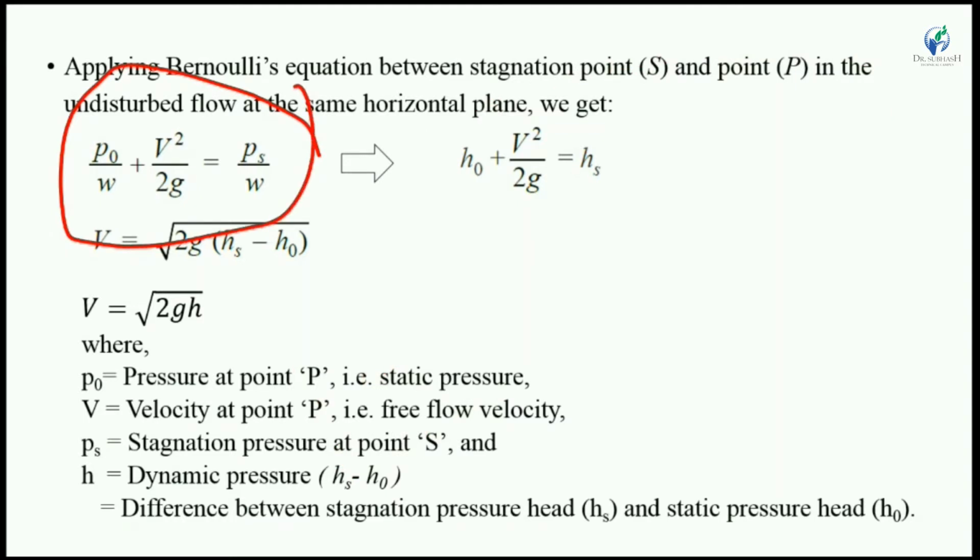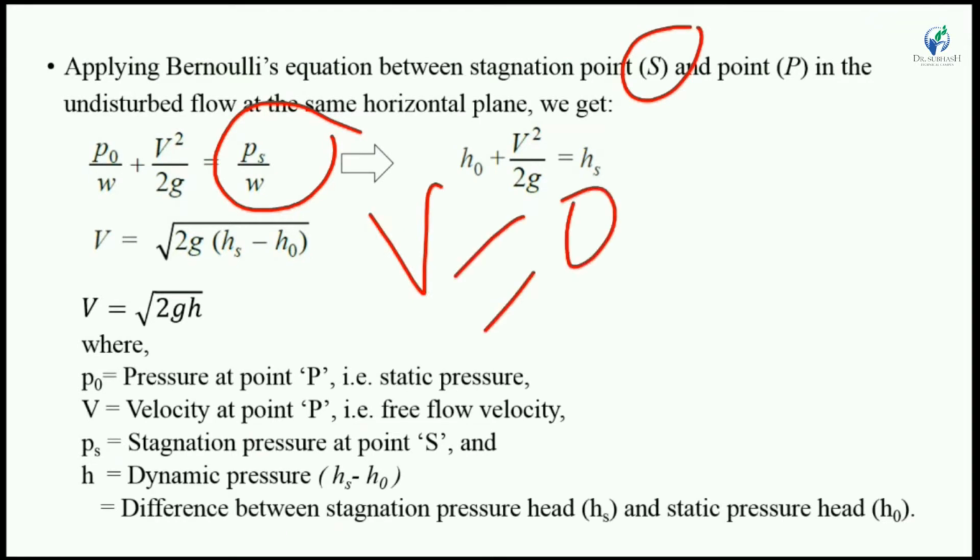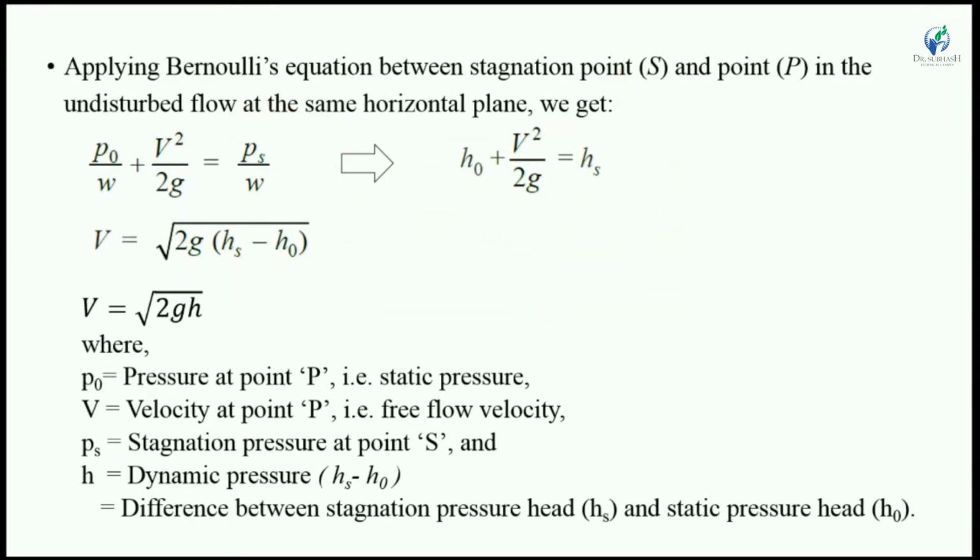As we also discussed earlier, at the stagnation point S the velocity is 0, so there is no kinetic energy. At the stagnation point there is only pressure energy. So on the right side only pressure energy is there, PS upon specific weight.